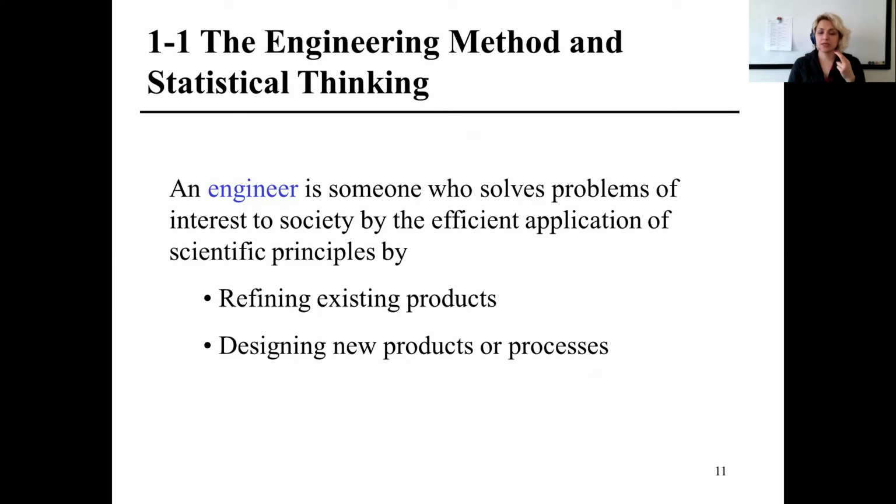We have two types when we are talking about engineering problems. There are two types of process or products. One is, for example, you have your distillation column and you want to refine it. In industrial application, I've been working in a refinery before, you call it retrofitting. So another name that we use for refining existing products is retrofitting.